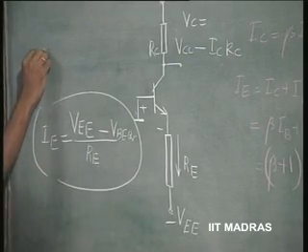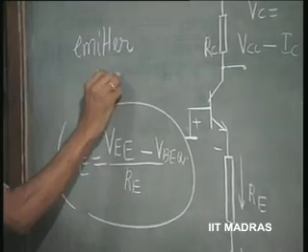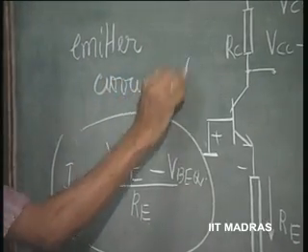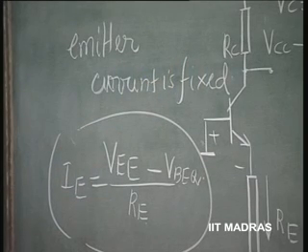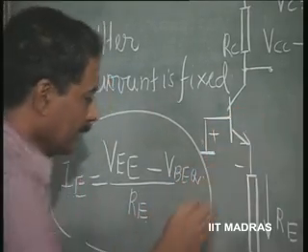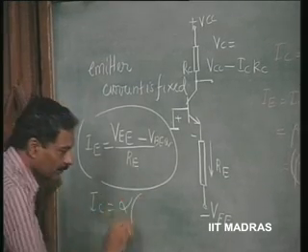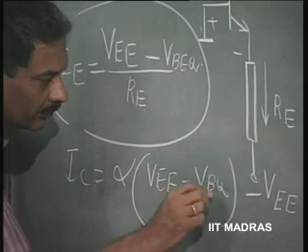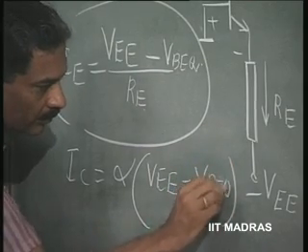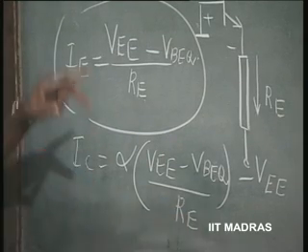So here this is the circuit in which the emitter current is fixed. If emitter current is fixed this way, what is the collector current? Collector current is going to be alpha times the same expression, VEE minus VBEQ by RE. Now compare this with the earlier one.